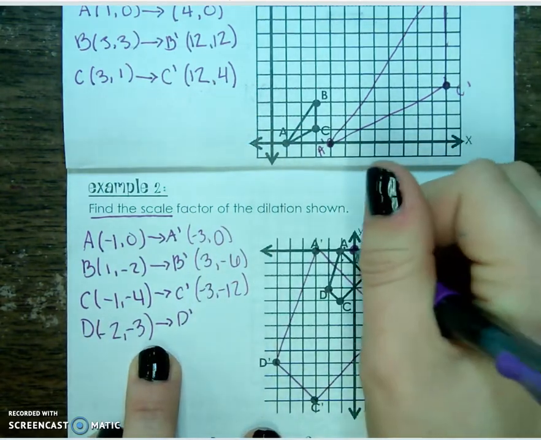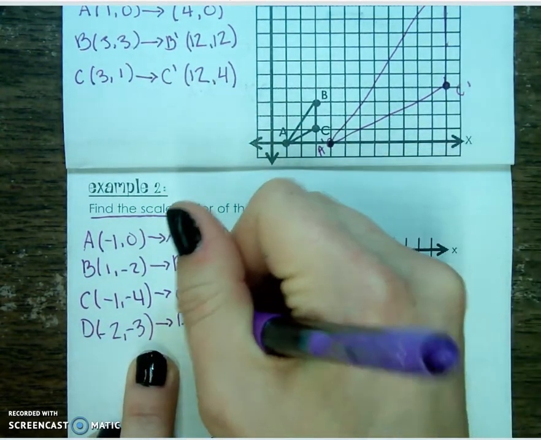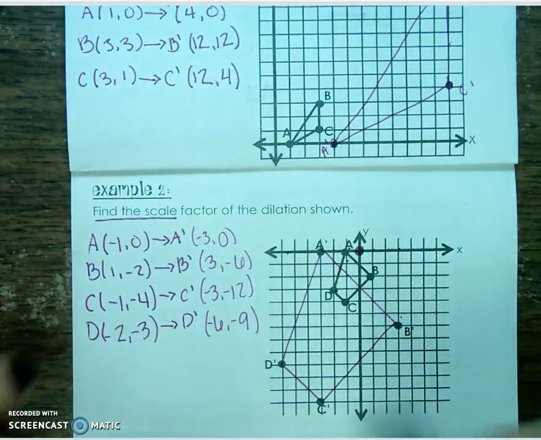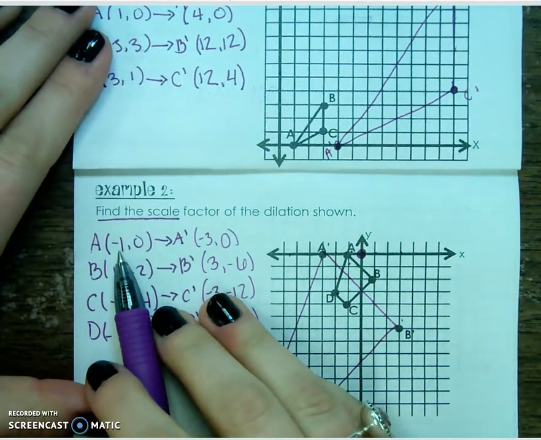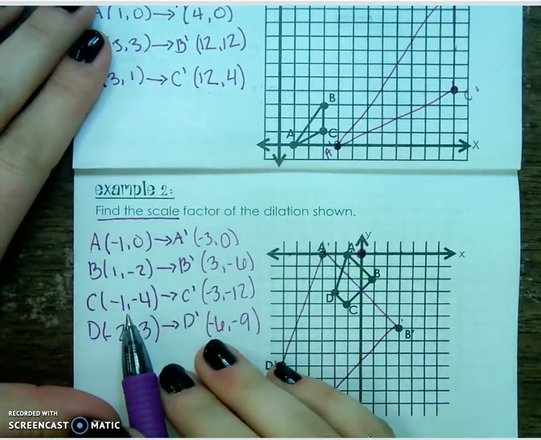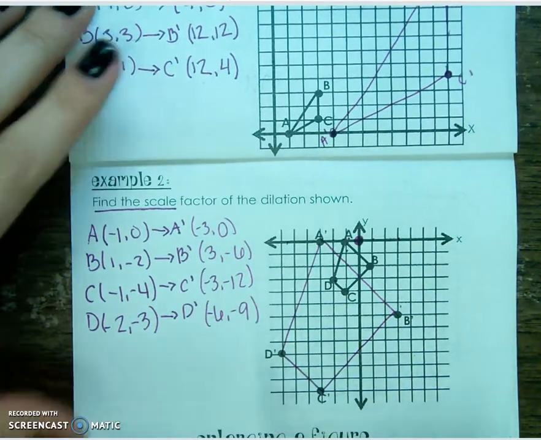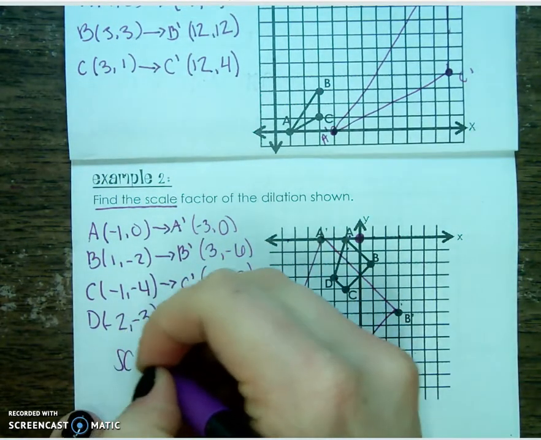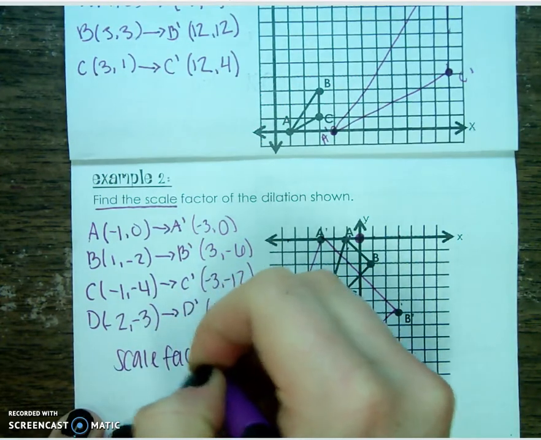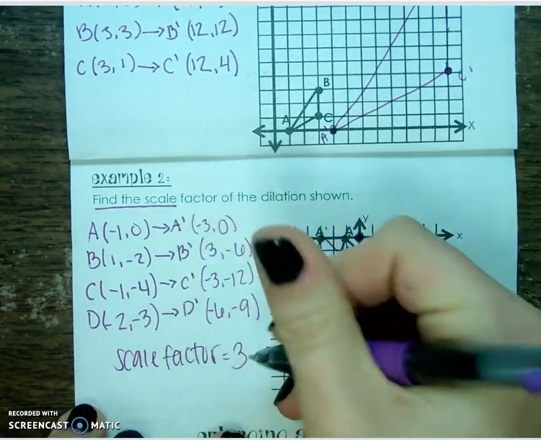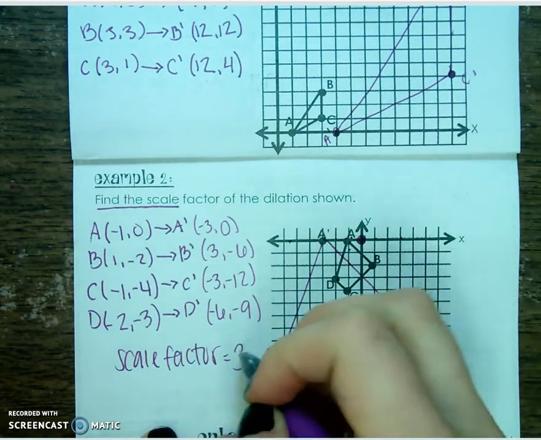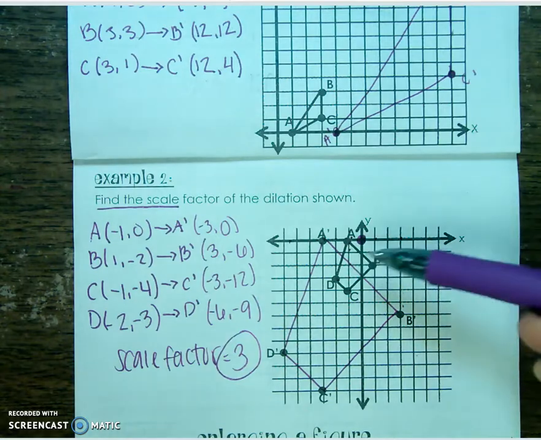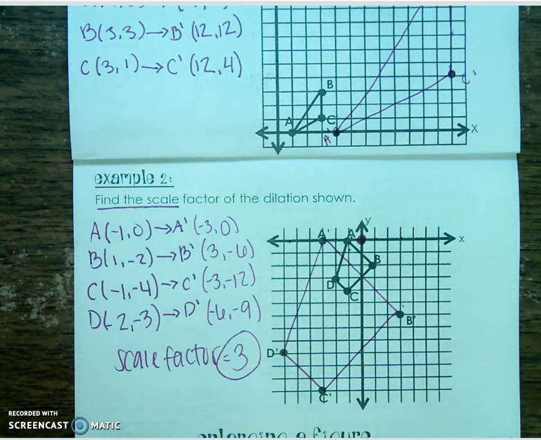And for D prime, (-6, -9). So what was the scale factor? What did they multiply every x and y value by to get to our new dilation? That scale factor is 3. That's the scale factor of the dilation. I knew it was going to be greater than 1 because that second figure enlarged. It got bigger.